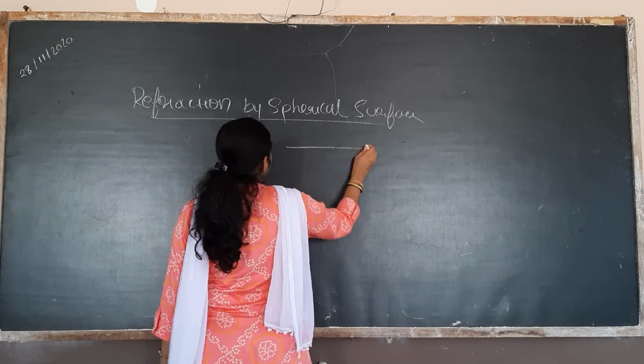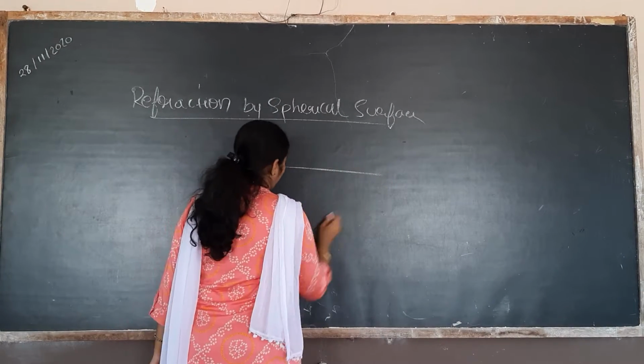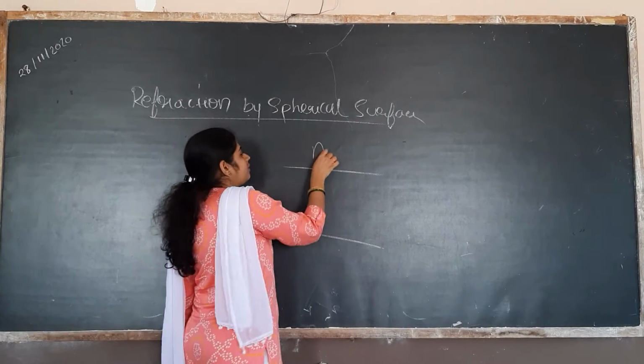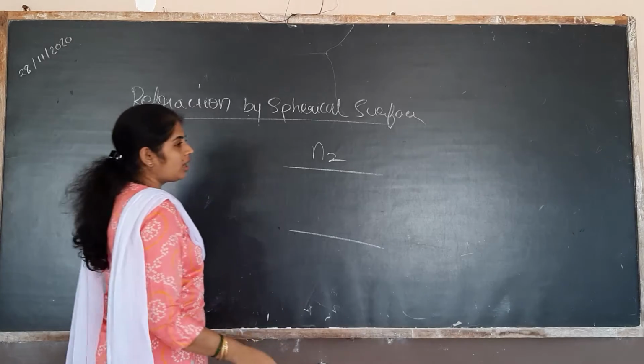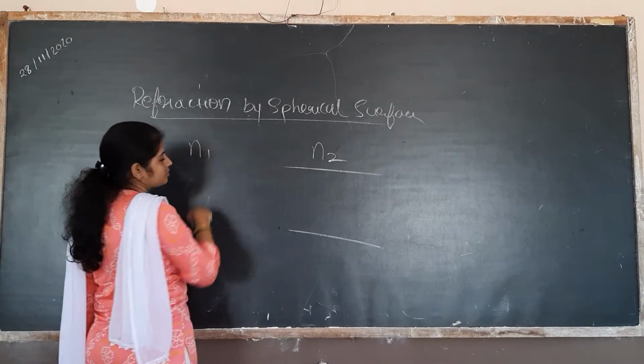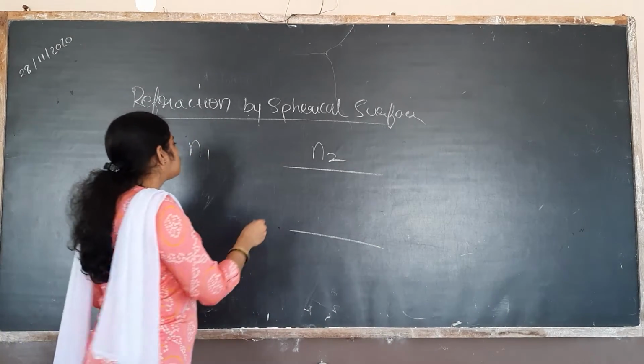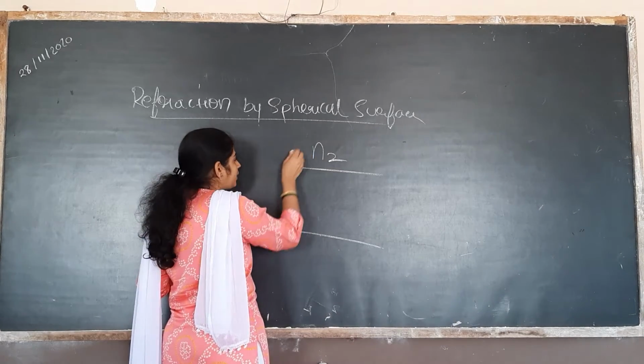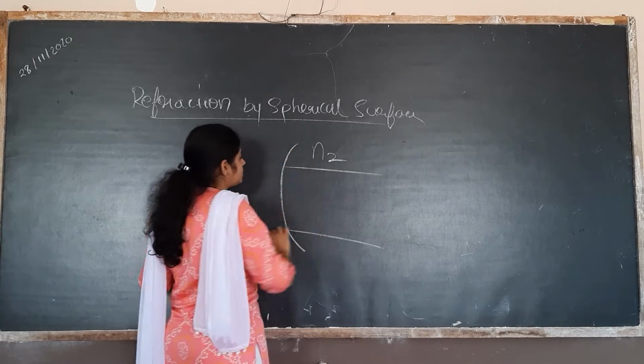This is one medium, which has refractive index n1, and this is another medium, which has refractive index n2. These two mediums are separated by an arc of a spherical surface.